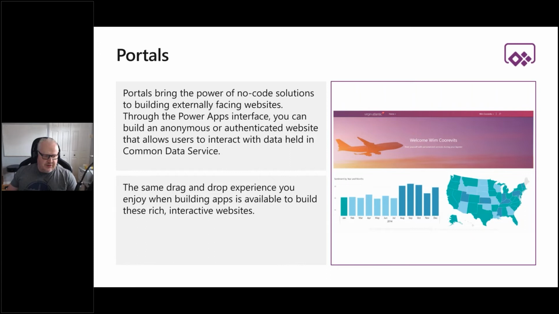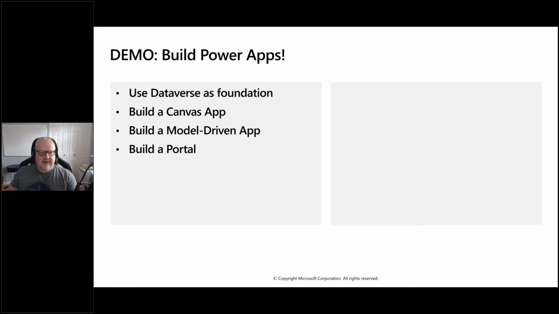So as opposed to talking about a lot of different things, what I want to do is we're going to build some Power Apps or go through the process of building some of those Power Apps. And for the apps that I'm going to be building today, I'm going to be using Dataverse as the foundation. However, like I said, for Canvas apps especially, you could use multiple other data sources.